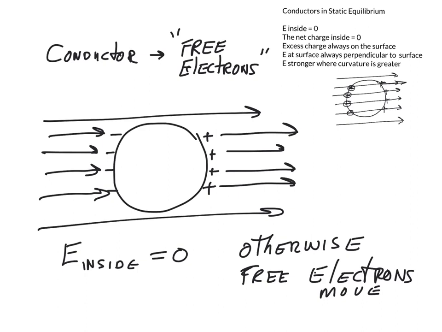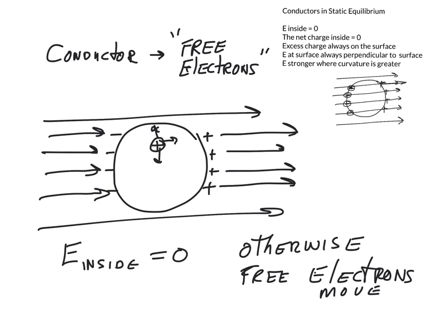The next one, the net charge inside has to be 0, is logically consistent. So supposing an electron moves and leaves behind a positive charge inside, if there's an unpaired positive charge left inside when those 4 electrons move to the surface, there would be an electric field.